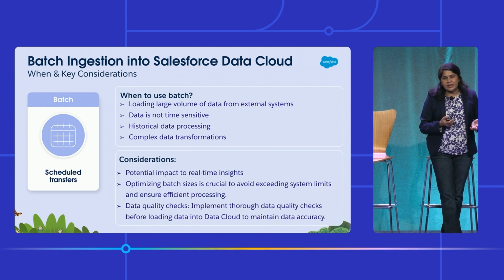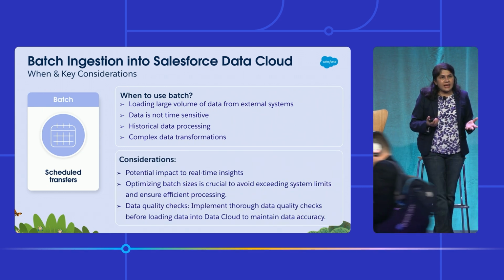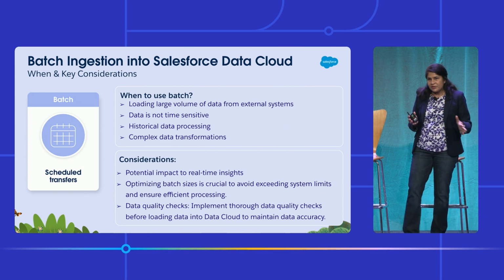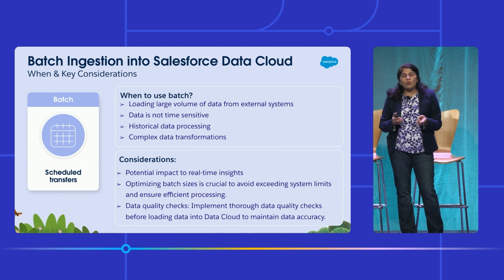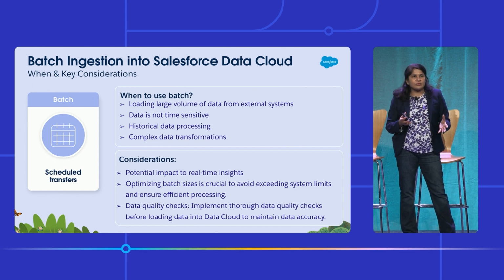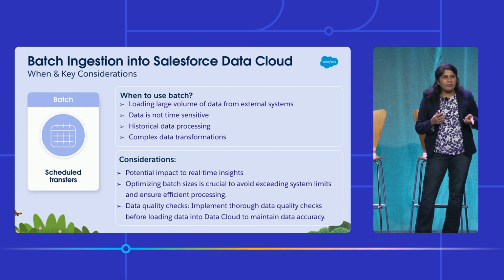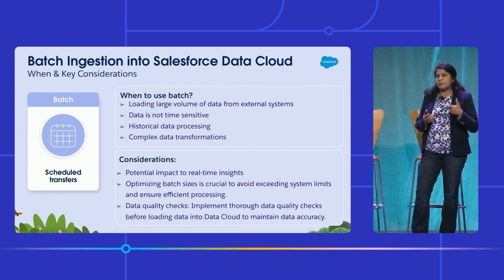And what are some of the considerations here? Real-time insights. If you are looking to get insights in real time, batch is not the way to go. But again, you want to optimize the batch size as well. You don't want to have hundreds of millions in one batch, because you want to make sure that there is governance around how the data is loaded, were there any errors, was it all loaded successfully.